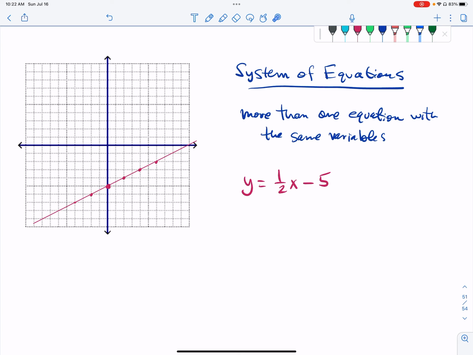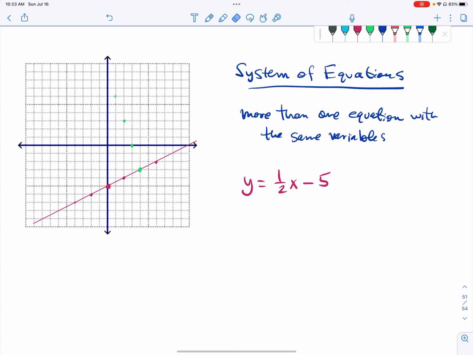I need another equation here, and I'm going to work backwards in this case. I'm going to start with this point, and then see if I can get myself a pretty nice slope. How about I go up 3 over 1, up 3 over 1, up 3 over 1, and up 3 over 1. Okay, that should do it.